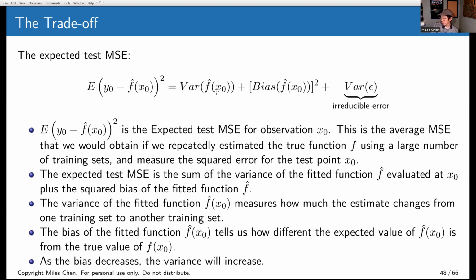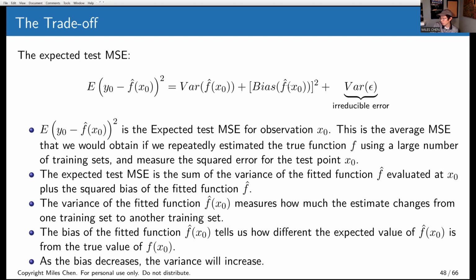Okay, and so that can be broken down into the variance and the bias. The variance is how much the estimate will change from one training data set to another training data set. And then the bias is how much this expected value, over all of the different possible training sets, differs from the true relationship.